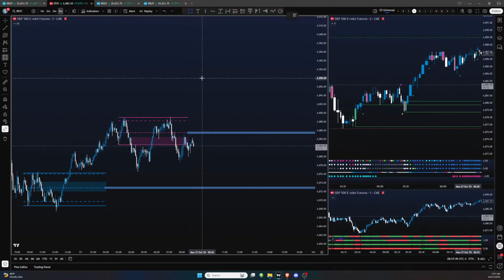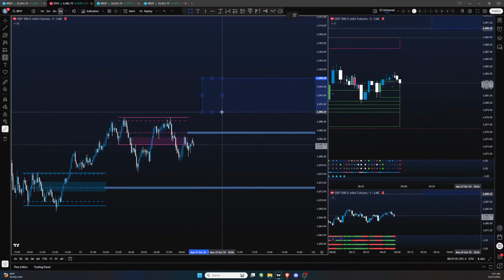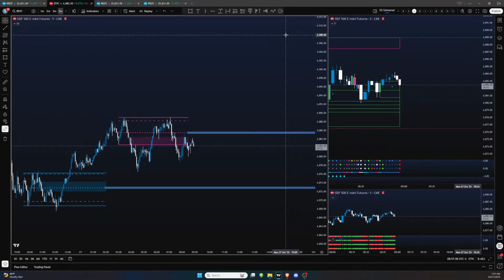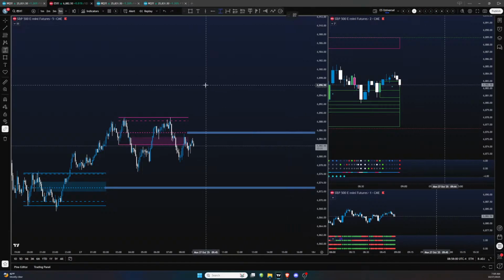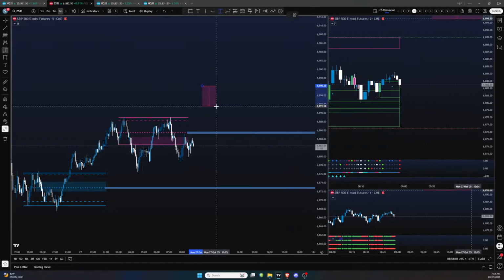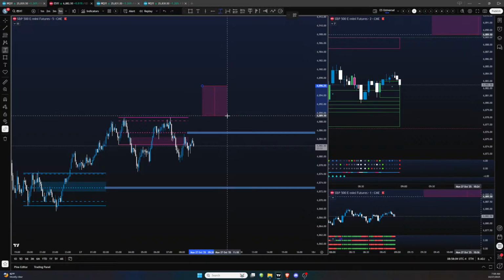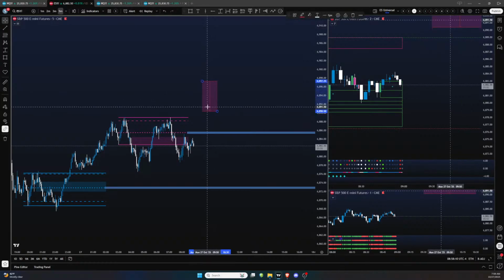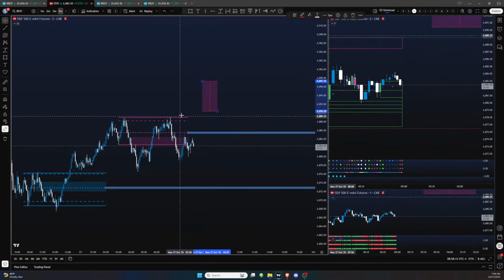Let's say this is 9:30. I'm going to create these boxes here. Actually, let me do this, it's a little easier. So, 9:30 to 10:30. We could have a box that forms entirely above the ODR.